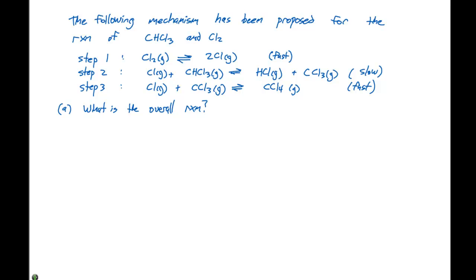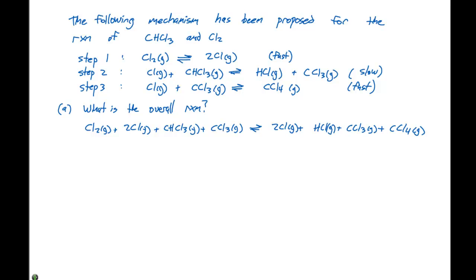So if we do that, we're going to get Cl2 gas plus 2Cl gas plus CHCl3 gas plus CCl3 gas in equilibrium with 2Cl gas plus HCl gas plus CCl3 gas plus CCl4 gas.